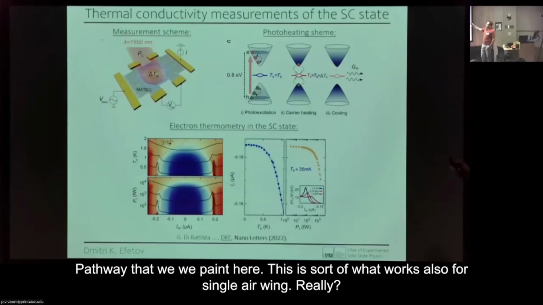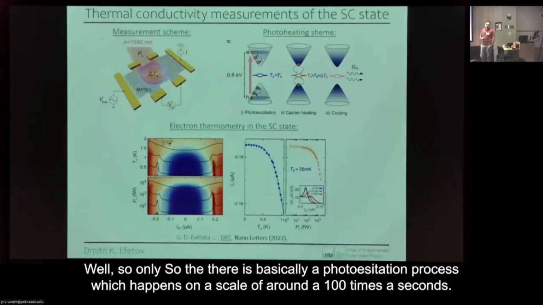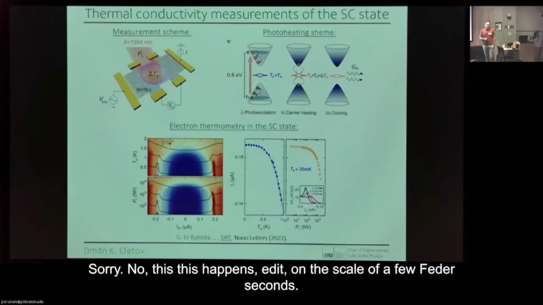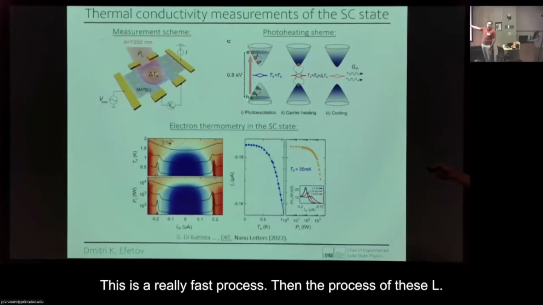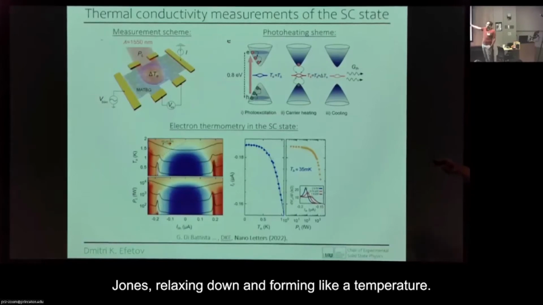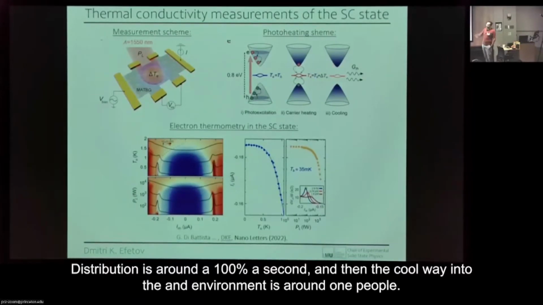There is a photoexcitation process which happens on a scale of a few femtoseconds. This is a really fast process. Then the process of these electrons relaxing down and forming a temperature distribution is around 100 femtoseconds, and then the cooling into the environment is around a 1 picosecond process.